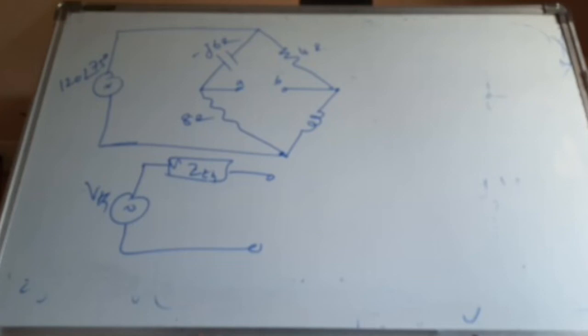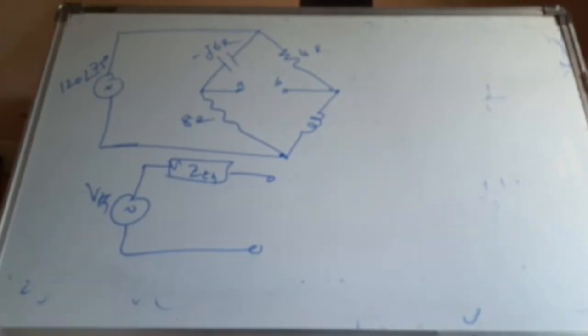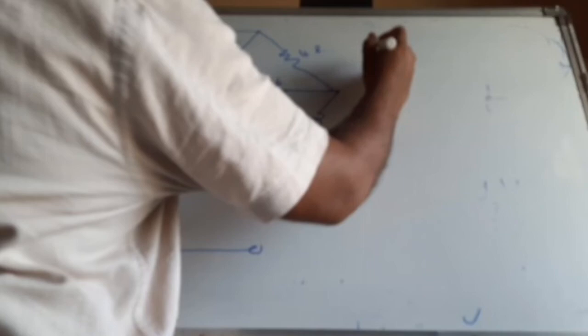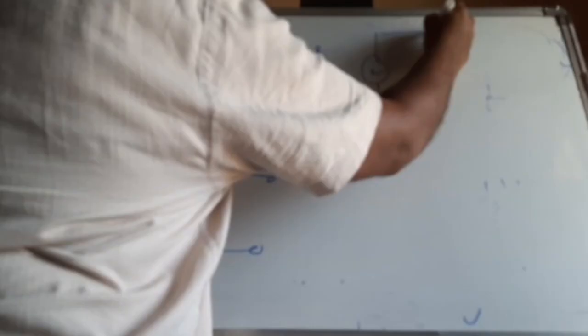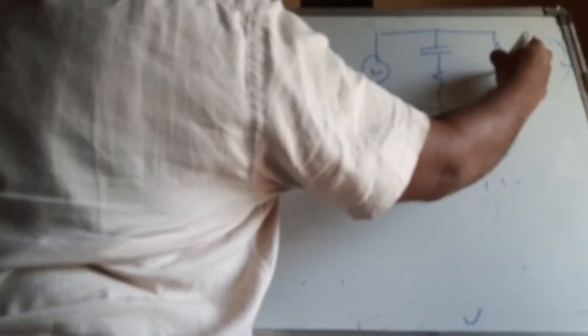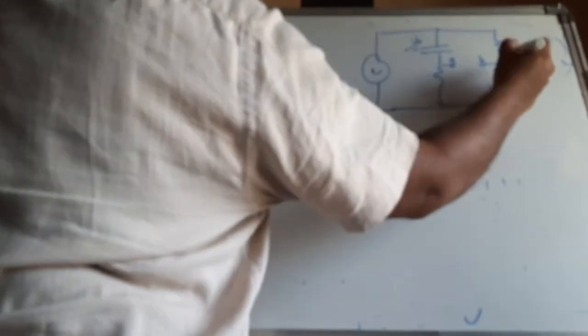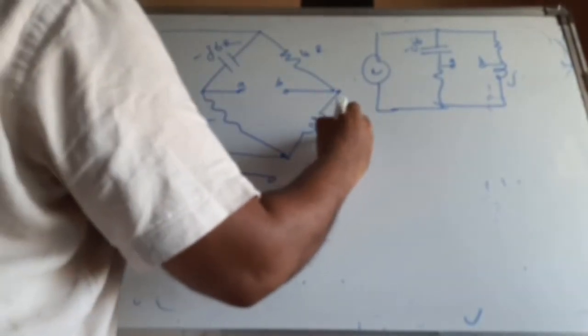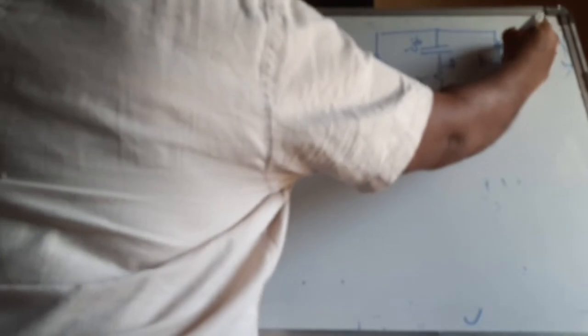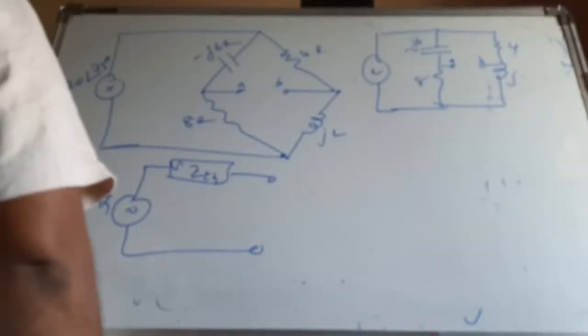This is j6, j2, this is 8 ohms, and this is 4 ohms.